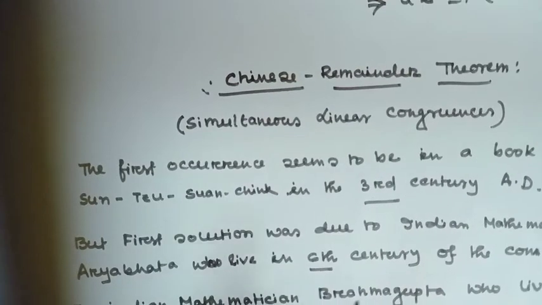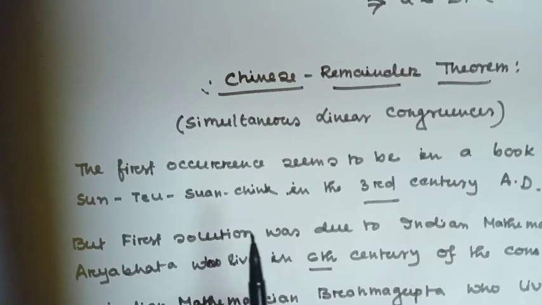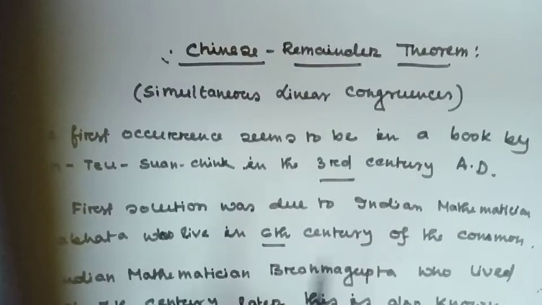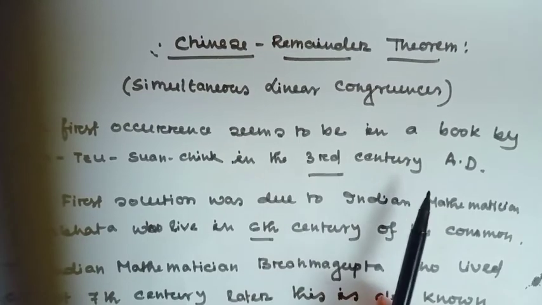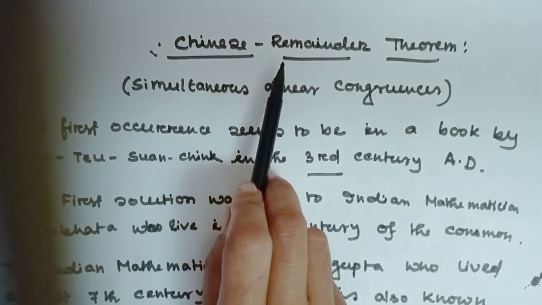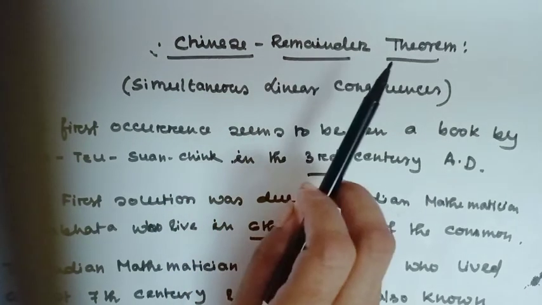Now let's see the Chinese remainder theorem. This theorem first occurs in a book by Sun Tzu in the 3rd century AD. For this Chinese mathematician, the theorem is named the Chinese remainder theorem.